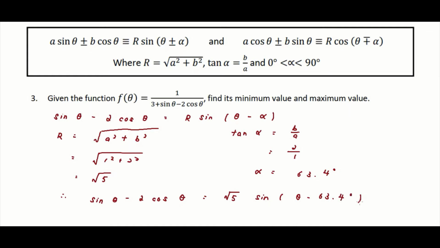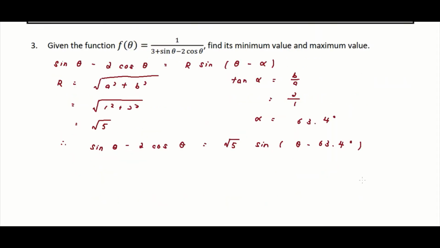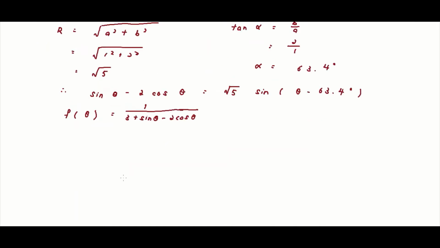After you have all these values, you should continue with the maximum and the minimum value. How can we do that? Don't forget your function is not this one, your function is this now: f theta is equal to 1 over (3 plus sine theta minus 2 cos theta). And the maximum and minimum you want to find is based on this function. Let us start with what we usually do.